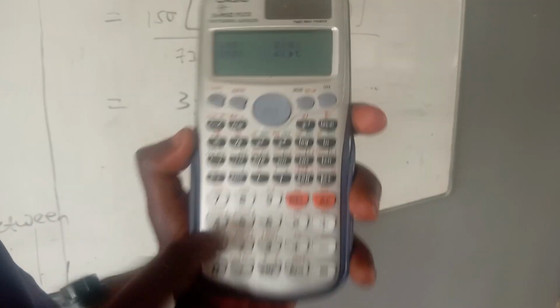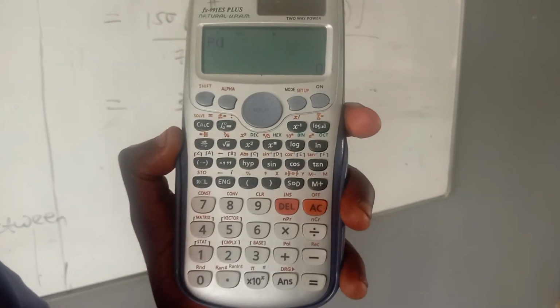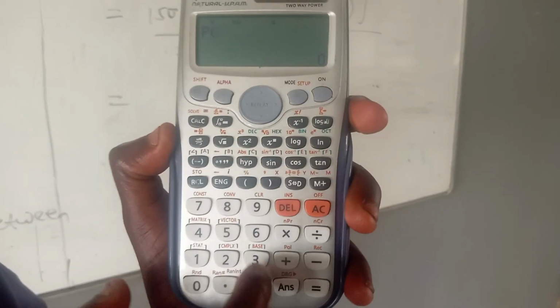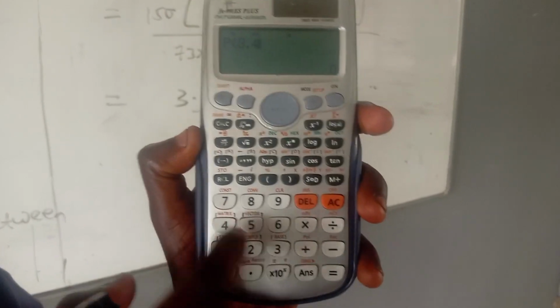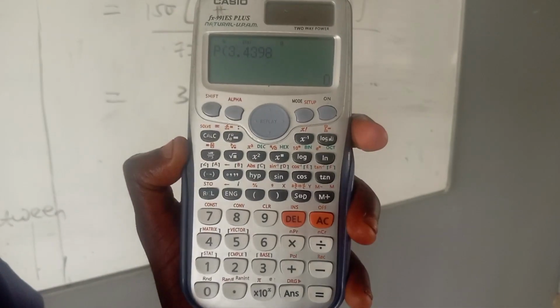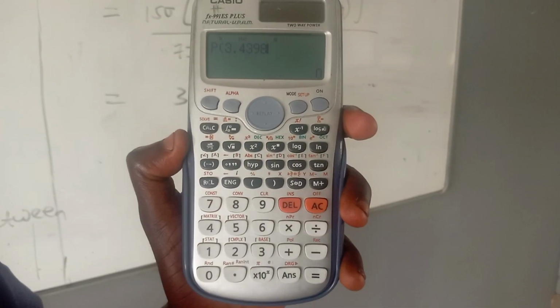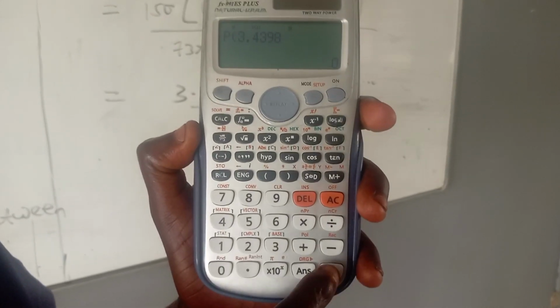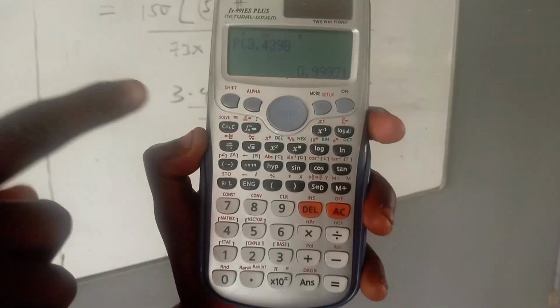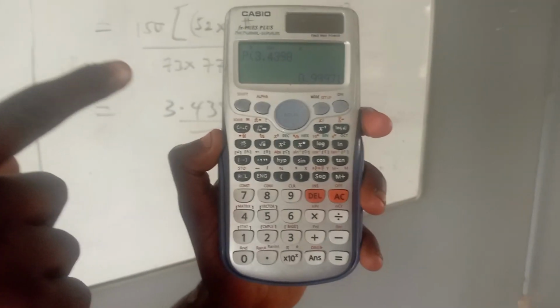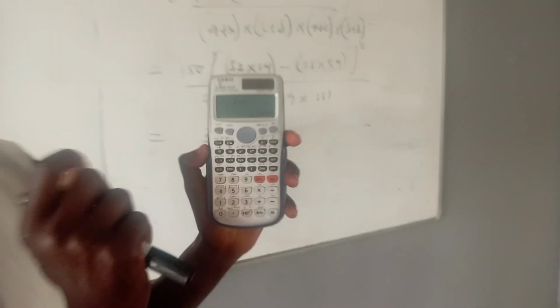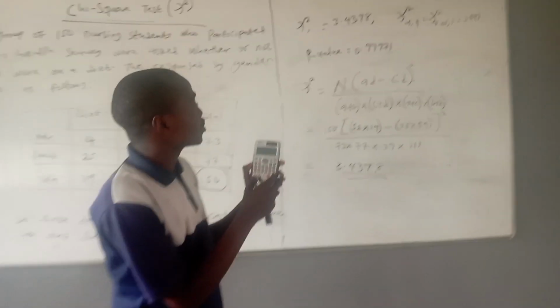So once you press 1, it's asking for the value of the test statistic that we have, which is 3.4398. That was the test statistic for the chi-square that we have. Once you press equals, it will give you the probability value, which is 0.99971.